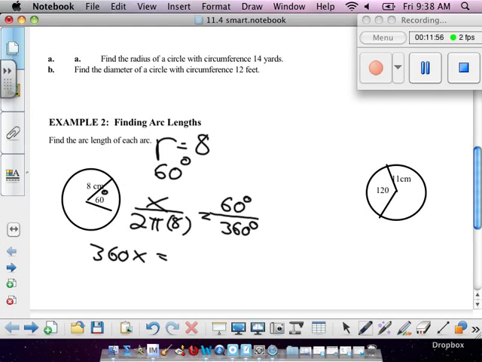I'm going to do all of this at one time. I'm going to multiply it all together. So in my calculator, I'm going to write 2 pi times 8 times 60. And I get approximately 3,015.9.